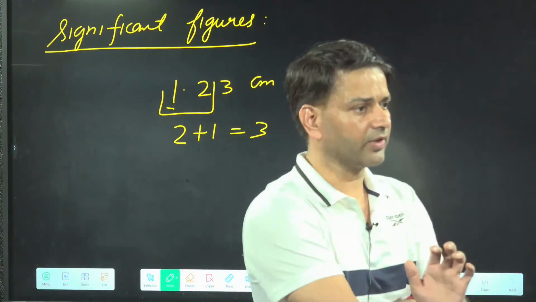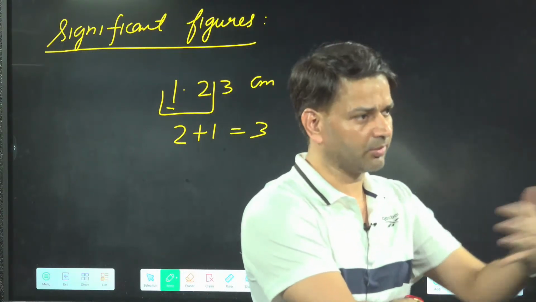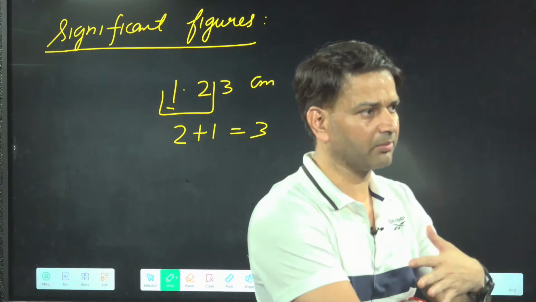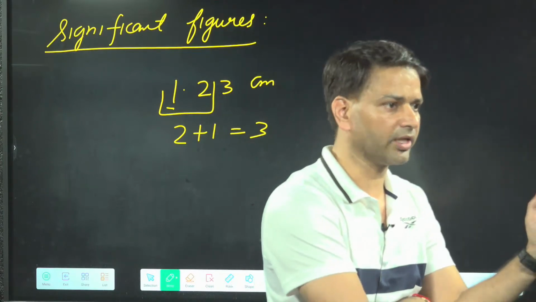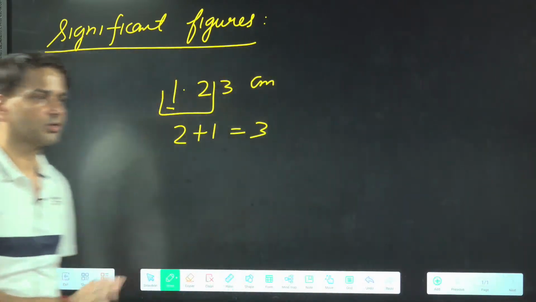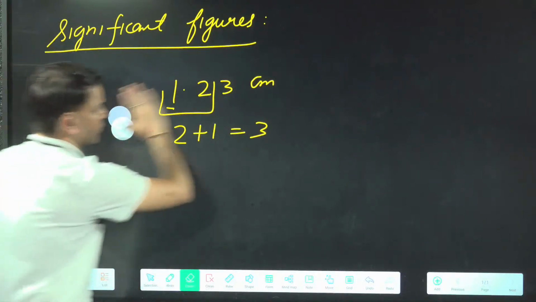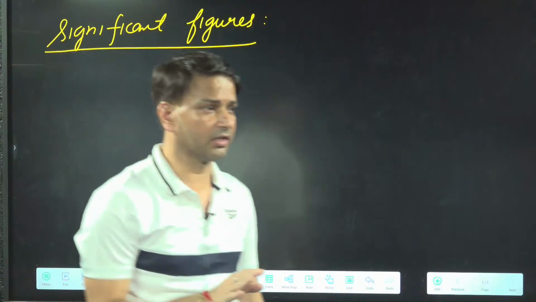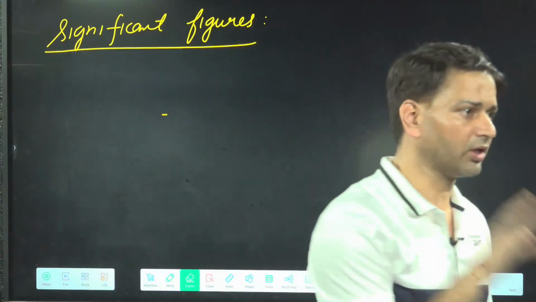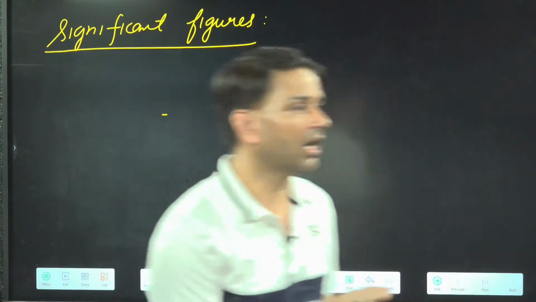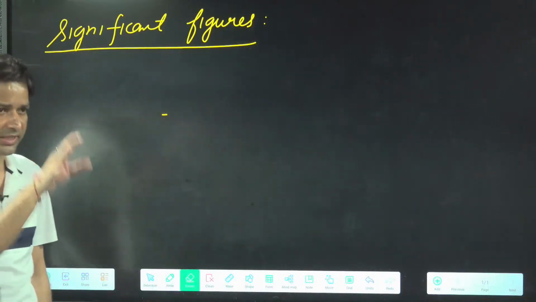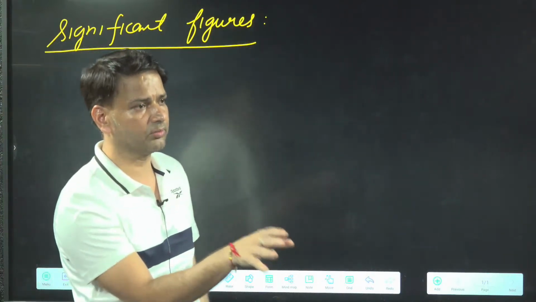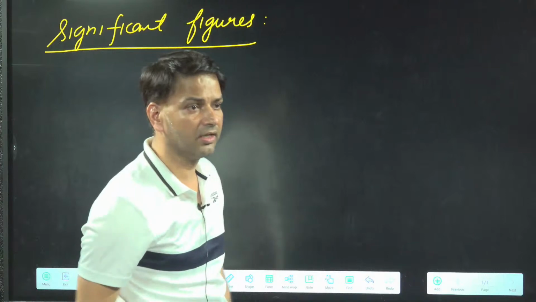So we mainly deal with significant figures for data coming from any observation, experiment or device. Understood? First we have to learn how to decide the number of significant figures in any data. How will we decide? There are certain rules we have to follow to find the number of significant figures.